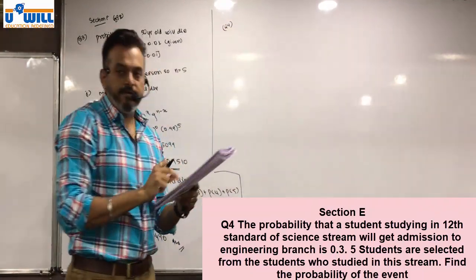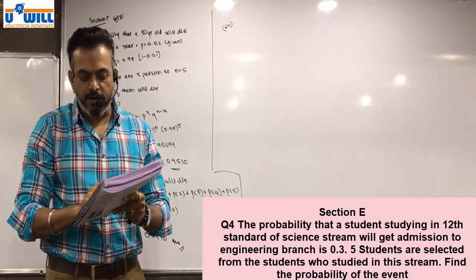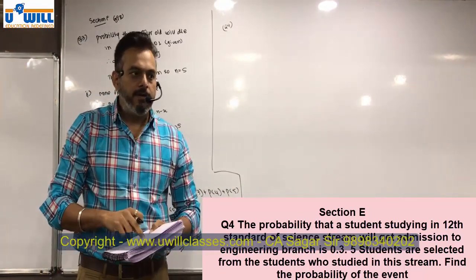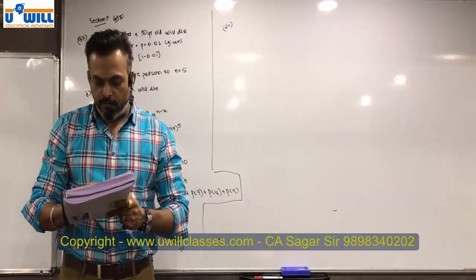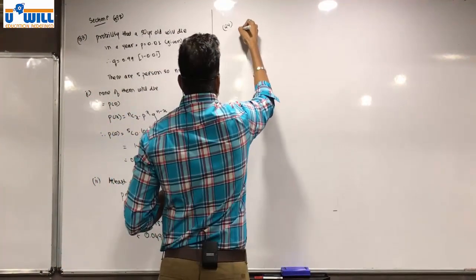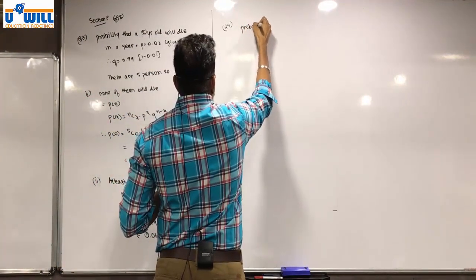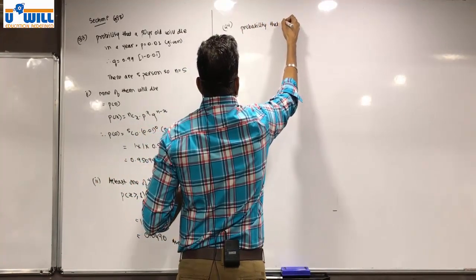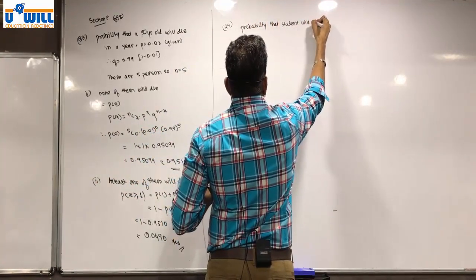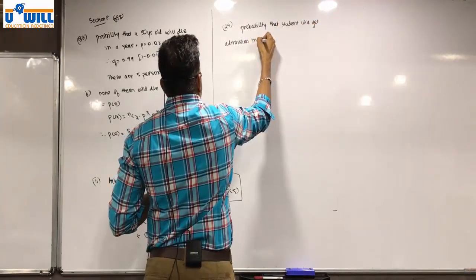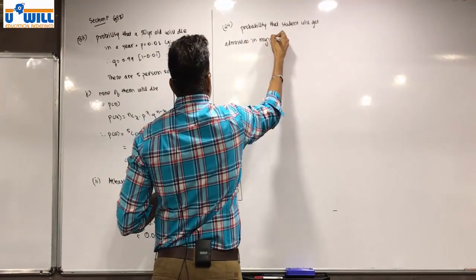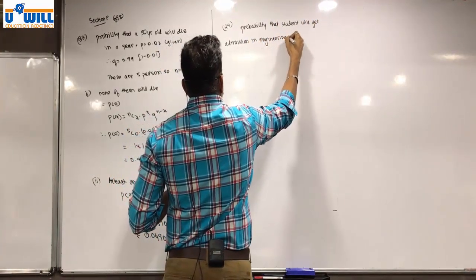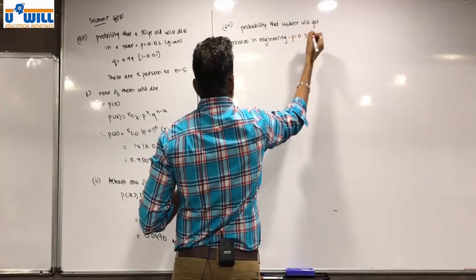Probability that the student will get admission into engineering branch क्या है? 0.3. Probability. You write with me, please. Probability that student will get admission in engineering is equal to P is equal to 0.3.